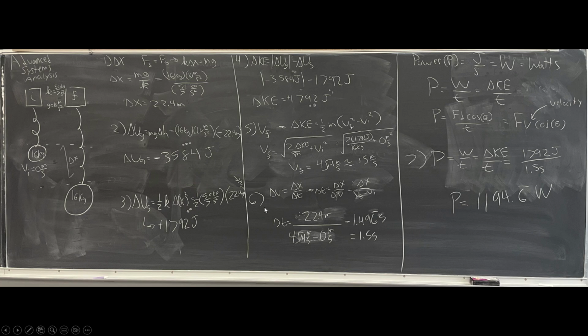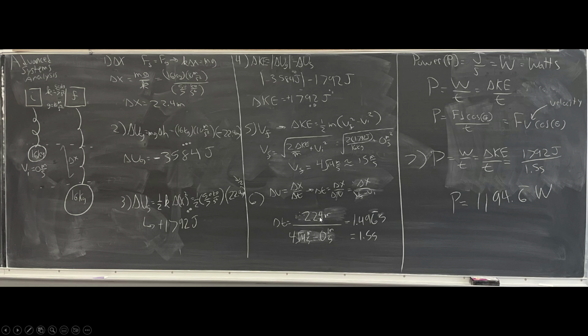The next parameter that we could easily get is the amount of time that this transition took to go from here to first get to this position. Well, change in velocity equals the change in displacement over the change in time. So delta t equals delta x over delta v, and delta x over v final minus v initial.